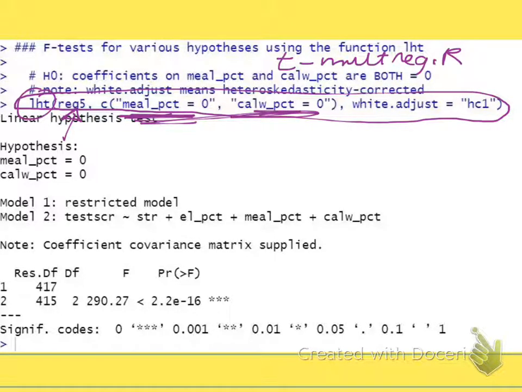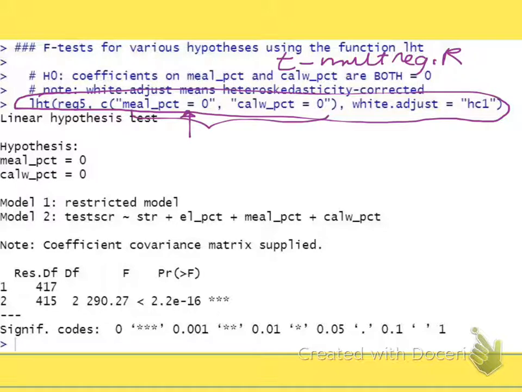So we have two coefficients on those two variables. We could have 3, we could have 4. So you see that each one has a comma. They have quote marks. So you have to be very careful in making sure that the syntax is followed. It's a single equal sign. So this is two restrictions.